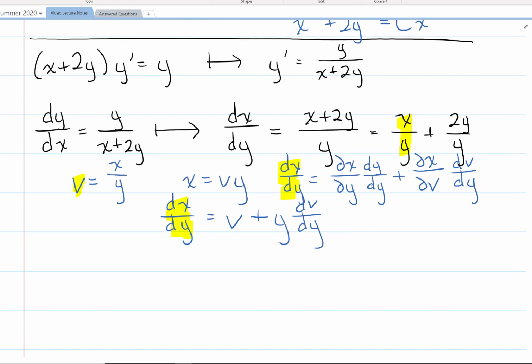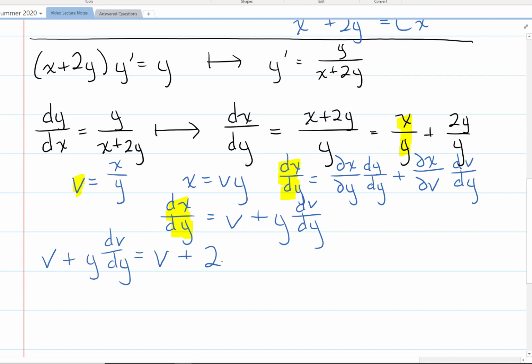So dx dy equals v plus y dv dy equals, now x over y is v plus 2, right? Because 2y over y just becomes a 2. And look, all the x's are gone.